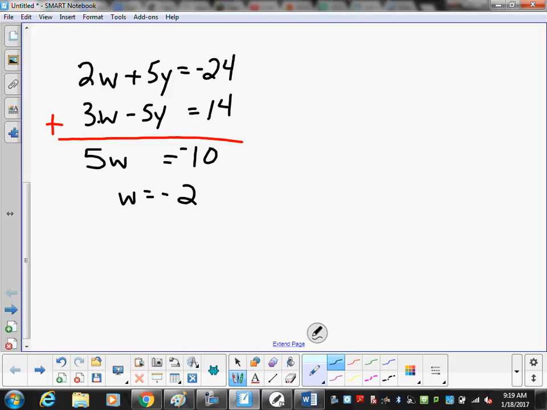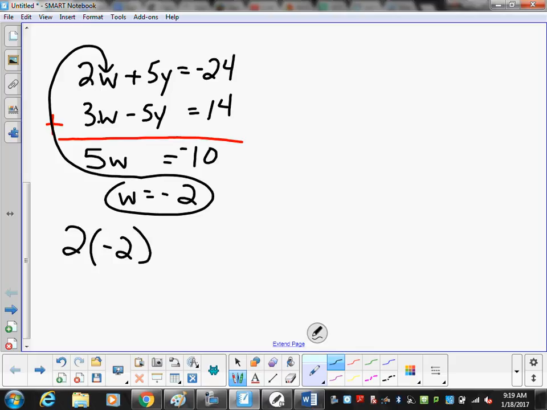Step 4. Substitute the value back into one of the equations and solve for the other variable. Whichever one you want, plug that back in. So 2 times negative 2 plus 5y equals negative 24.